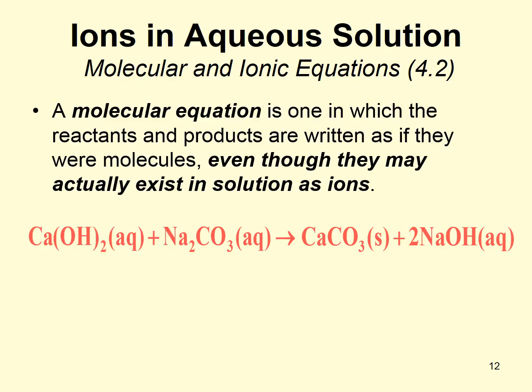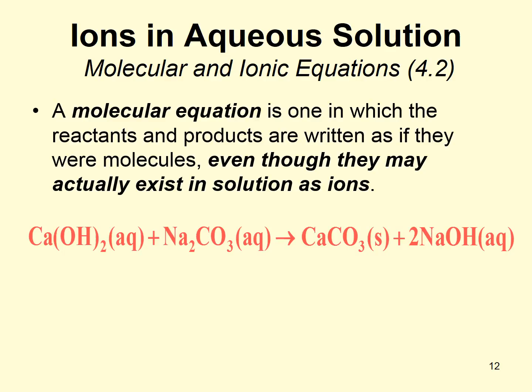So this is an example of a molecular equation. Calcium hydroxide plus sodium carbonate yields calcium carbonate and sodium hydroxide. Okay, but what you especially want to notice is that the calcium hydroxide we already know is soluble if you look up the solubility rules, and so you see (aq) listed next to it. Sodium carbonate, again, all things that have sodium in it are soluble, so that's aqueous.